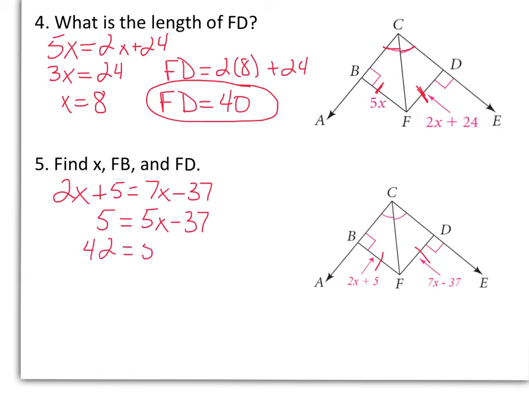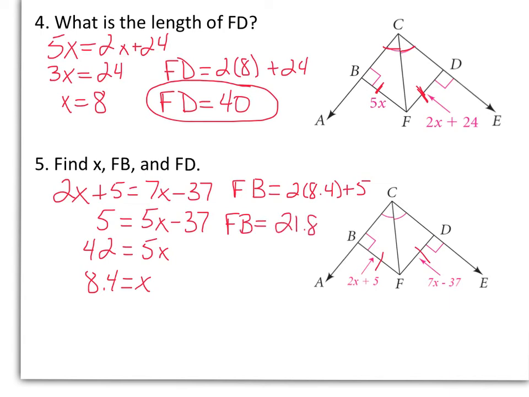So I get 42 equals 5x. When I divide, I get 8.4 equals x. So that means FB will be 2 times 8.4 plus 5, or 21.8. There's one of my answers, which means that FD will also be 21.8 because my 2 line segments are congruent.